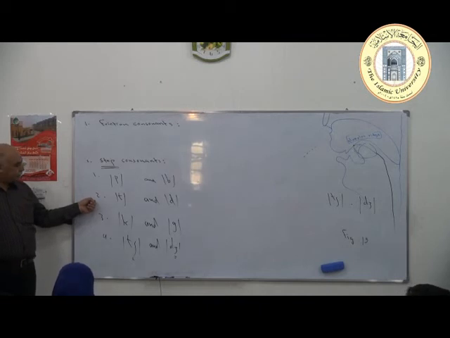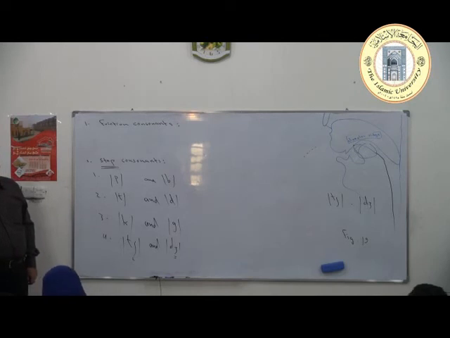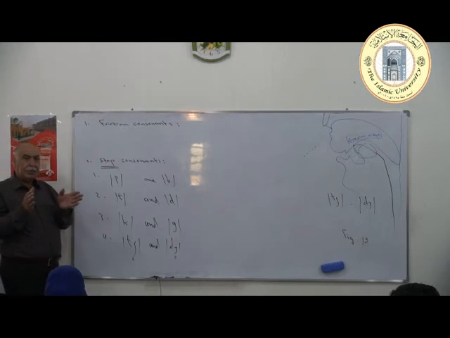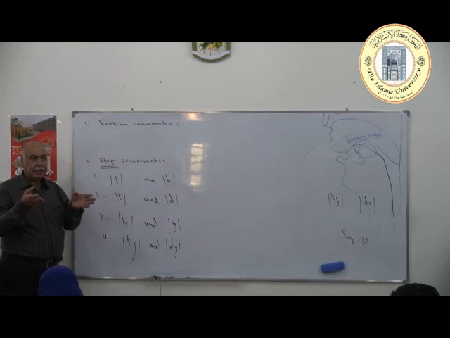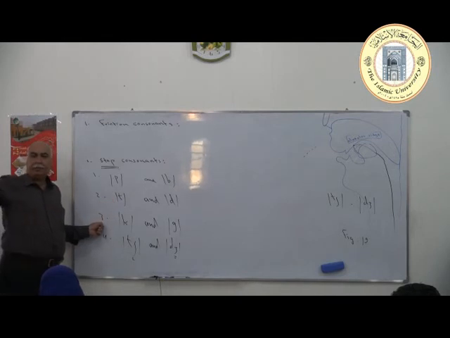The tip of the tongue is connected firmly with the alveolar ridge. And the soft palate is raised, so the air is trapped for a short time. Then the result is a slight explosion that produces a bubble noise, which is called T and D. Group number 3, pair number 3.